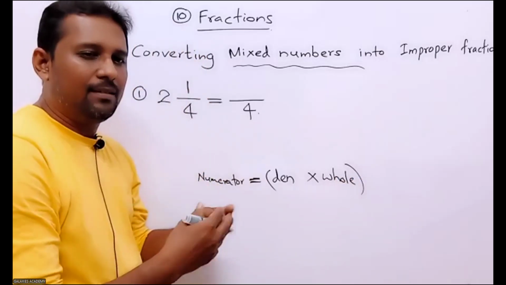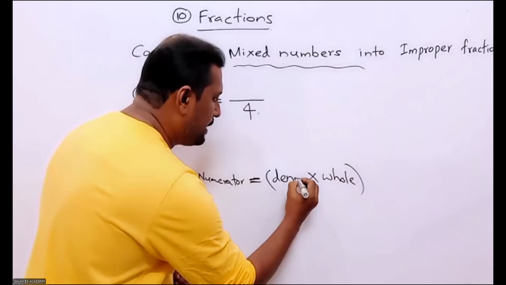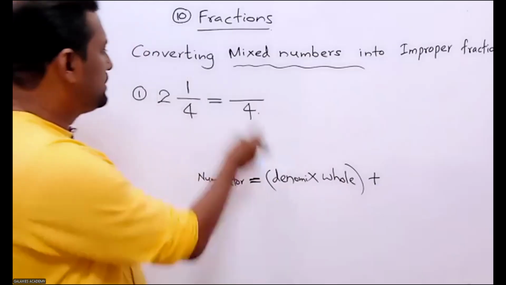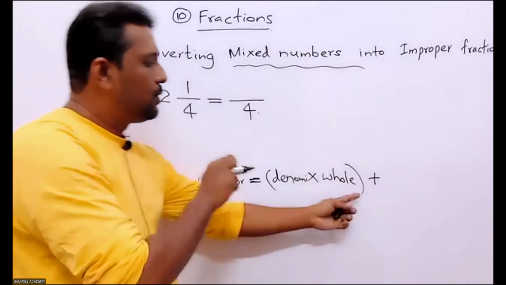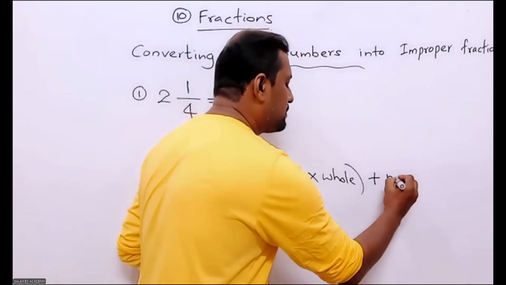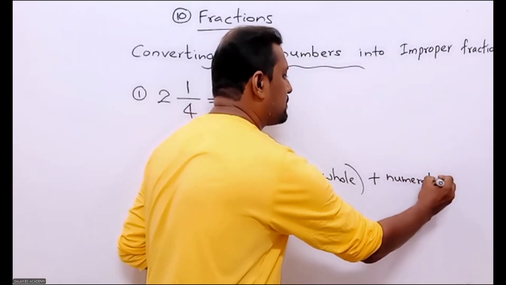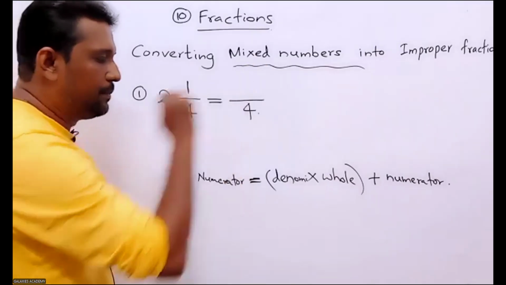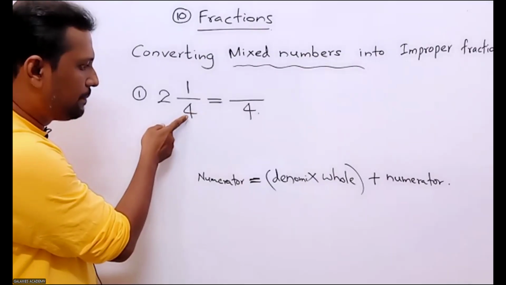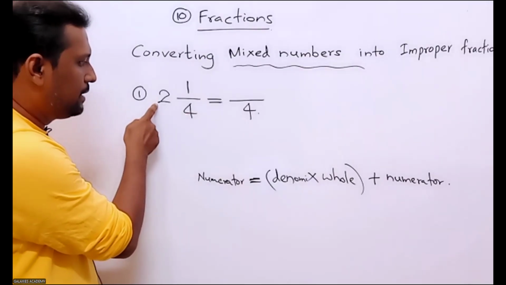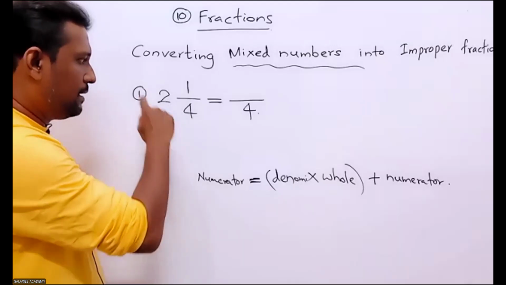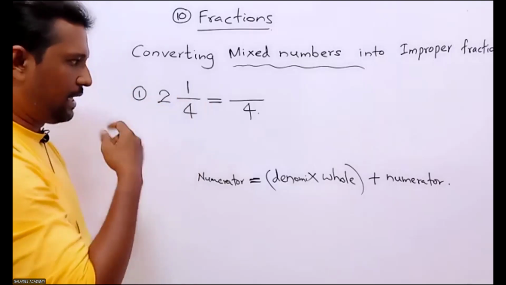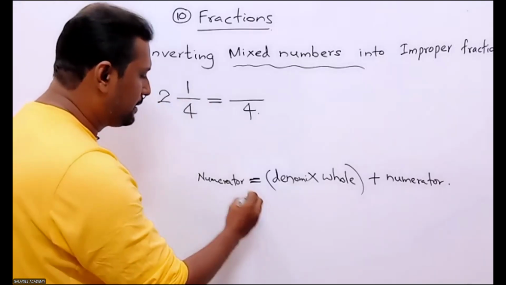Then you add the numerator value to this answer. That is the method of getting the numerator of the improper fraction.